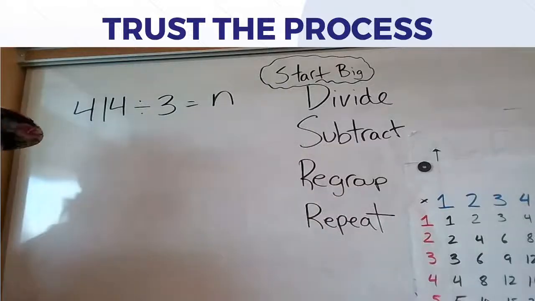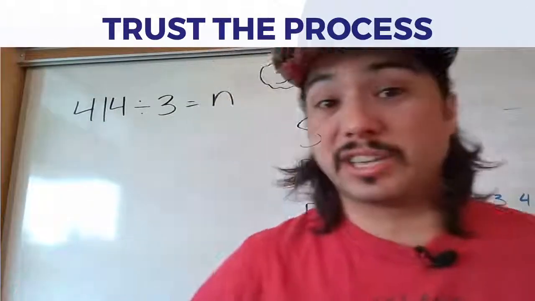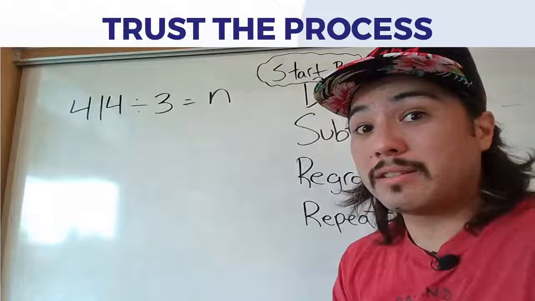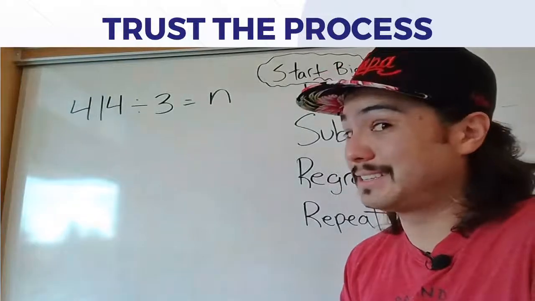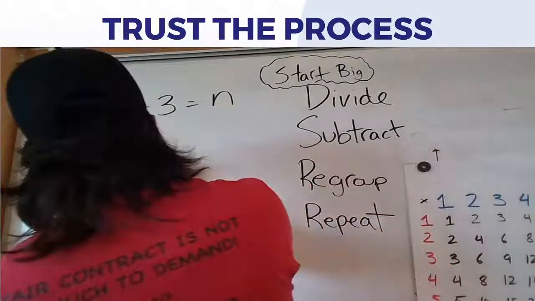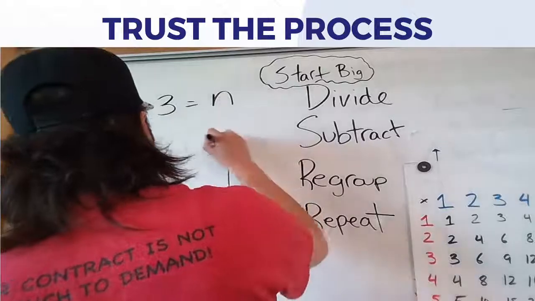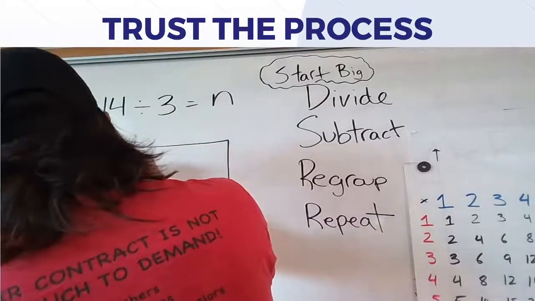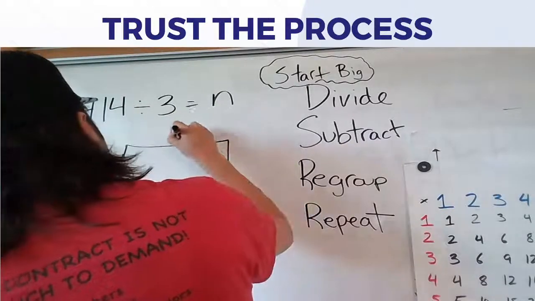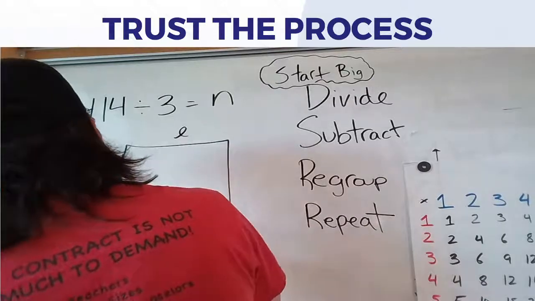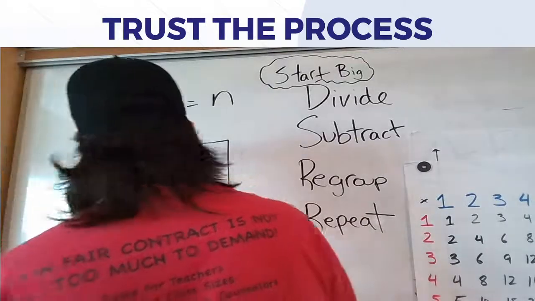Now, the standard algorithm is kind of cool because essentially it's an area model of multiplication in disguise. Remember, with our area model of multiplication, we're taking a rectangle, and we know that the length times the width, or the height, equals the area in the middle.